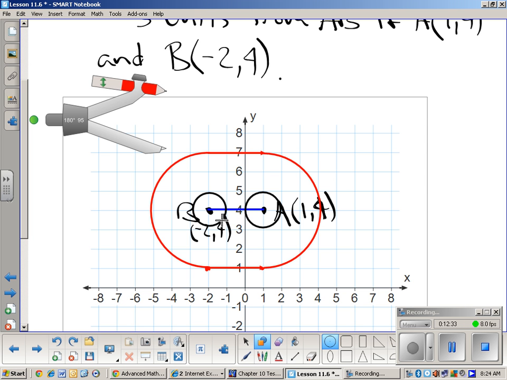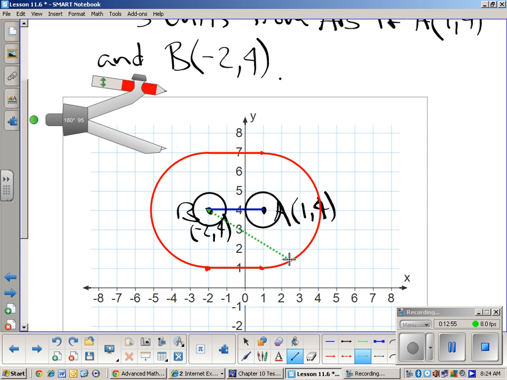All right. So you're exactly right. That's what we're looking for. So the red arc, or the oval here, whatever we want to call it, represents all the points that are 3 units away from this segment. Now, are we suggesting that this distance from here to there is 3 units?